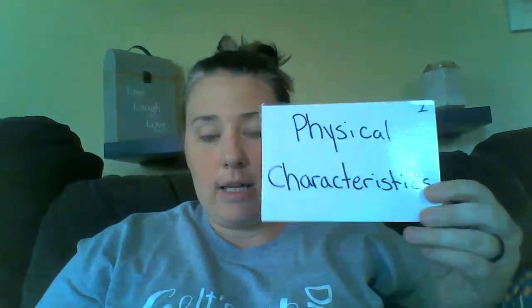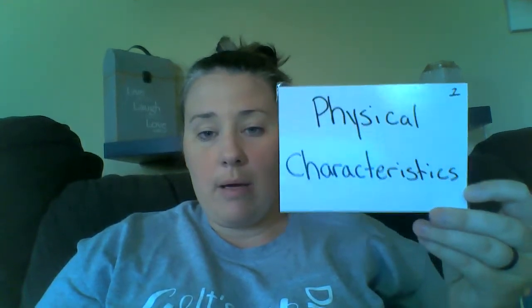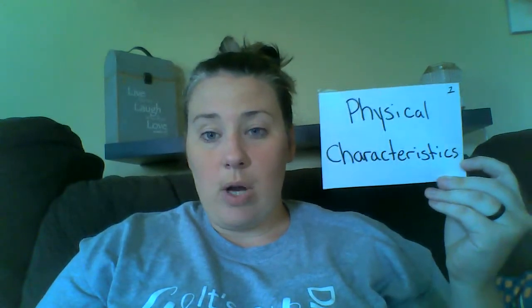So it's the children of two parents, humans, animals, and even plants. All right, physical characteristic. You might have this word from a different unit, possibly human body, but again, this definitely goes with genetics. So a physical characteristic describes how you look. And we're going to be talking a lot about that and why you look the way that you do.